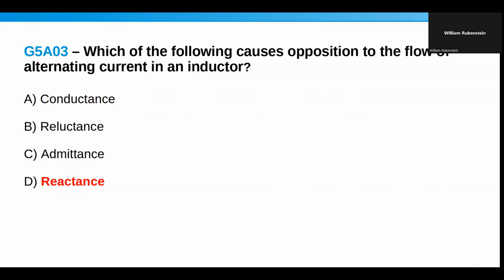Admittance is the reciprocal of impedance. And I forgot what conductance is, it's the reciprocal of something. You don't have to know what it is, it's just that it's a strong answer. Which of the following causes opposition to the flow of alternating current in a capacitor? Answer is the same.